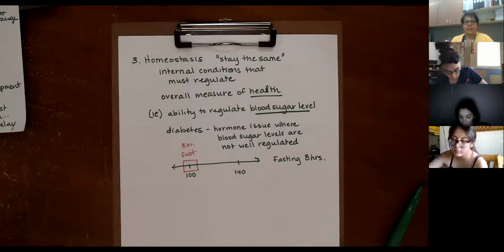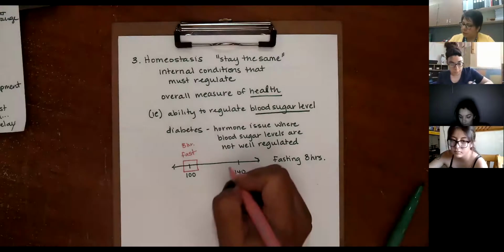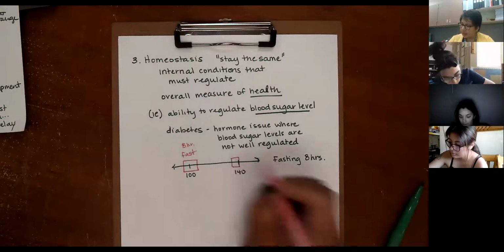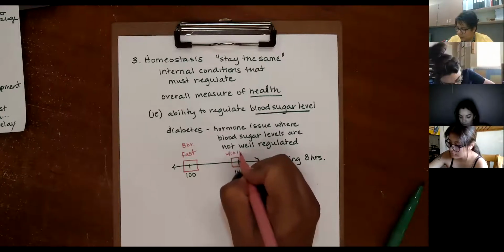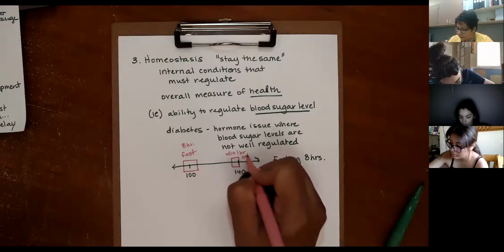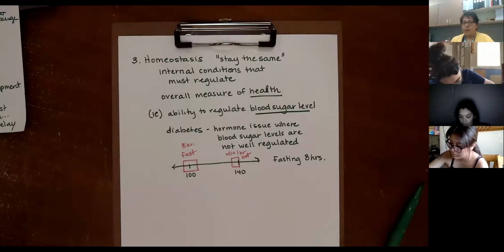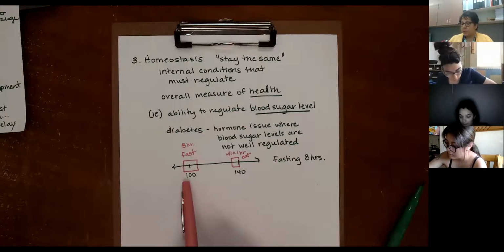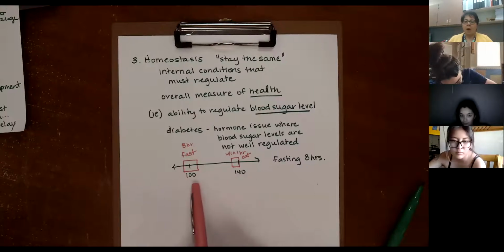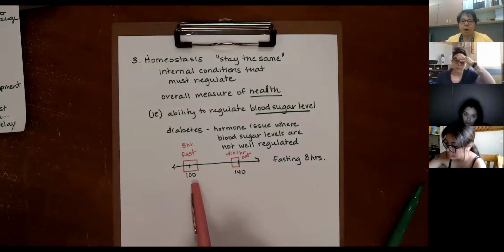After you eat, your blood sugar level may climb as high as 140 within 1 hour of eating. And so for somebody who's not diabetic, it's possible that their blood sugar level goes all day long between 90 to 140, depending on how often they're eating and when they're eating. That's completely normal. That's not a problem.